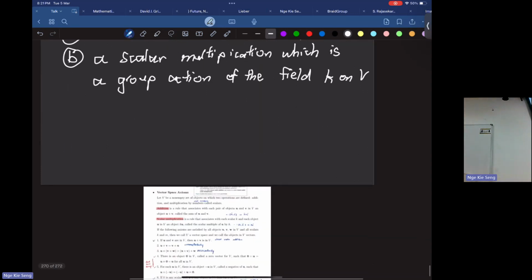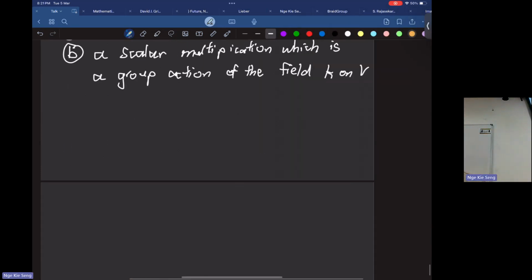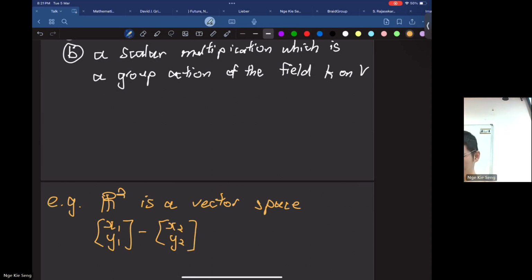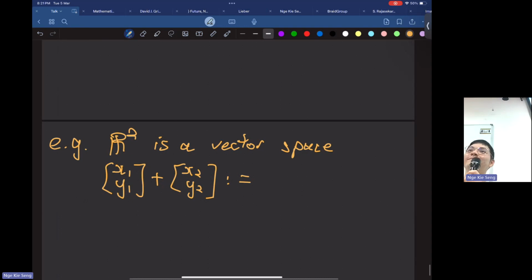So let's discuss a little bit how R2 is a vector space. If I give you (x1, y1) and (x2, y2), how do you add them together? You add them component-wise.